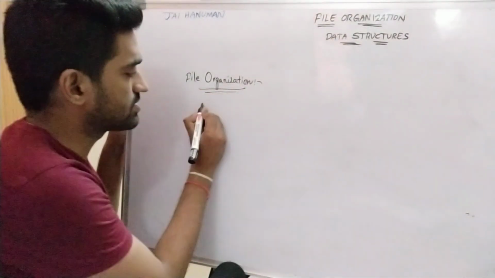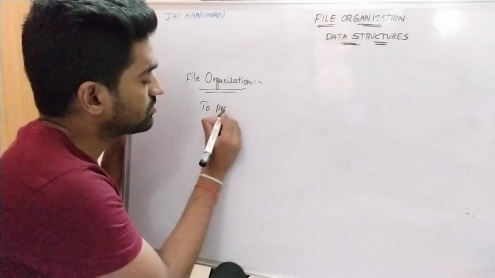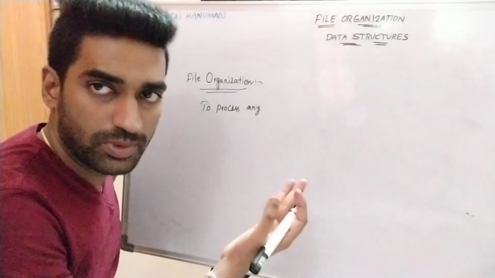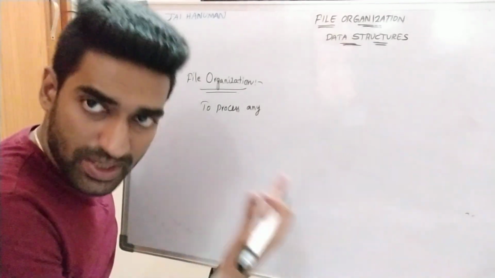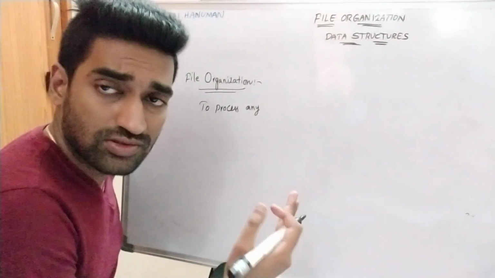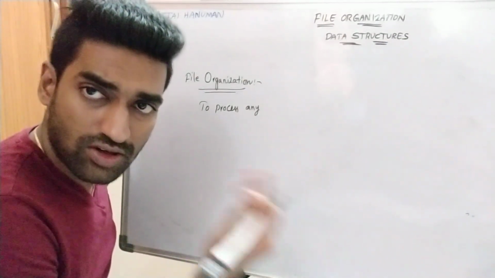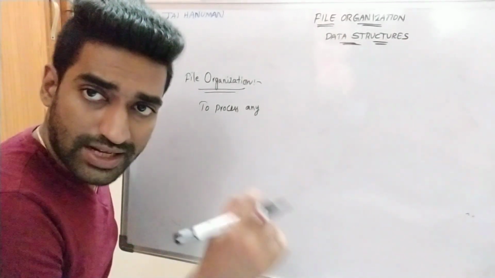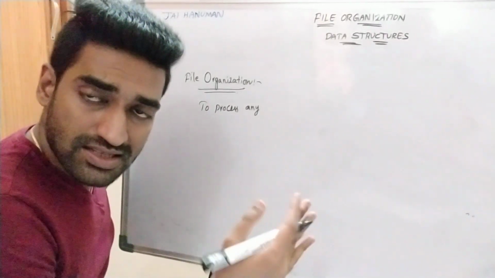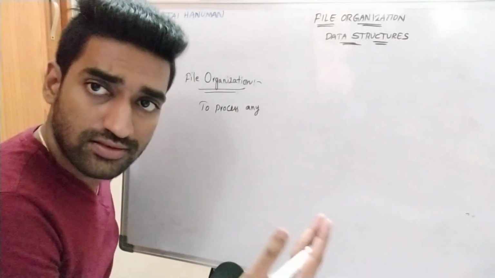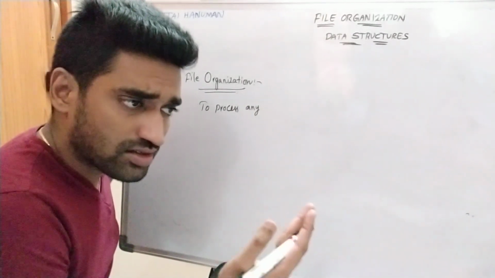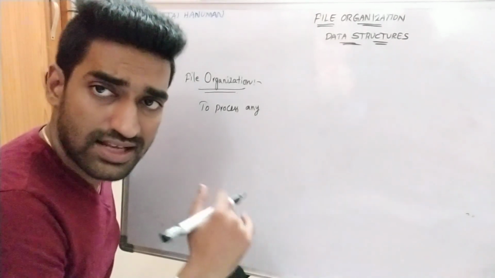So to process any file, read operation, write operation, append operation. Generally these are the basic operations for a file. Read, to read data from the file we use the read operation. Write, to write data to the file we use the write operation. To add some extra information or an extra record to the file we use the append operation, right? So these concepts are already discussed in C language, right?